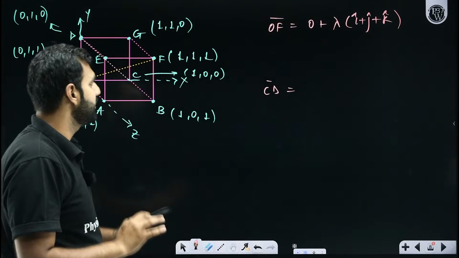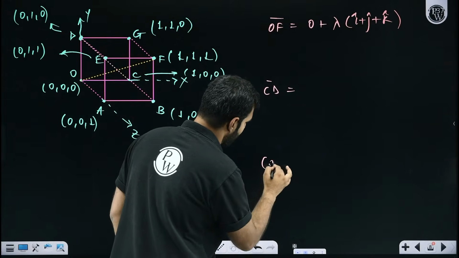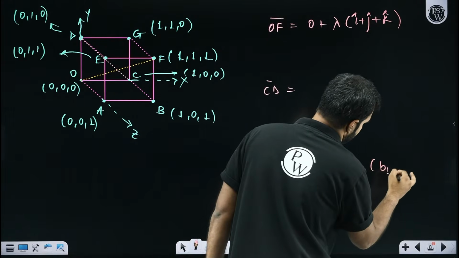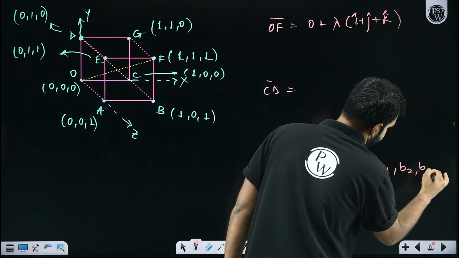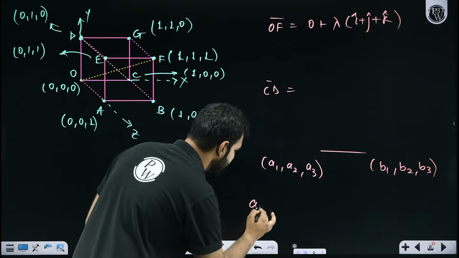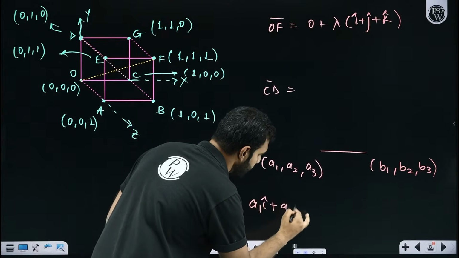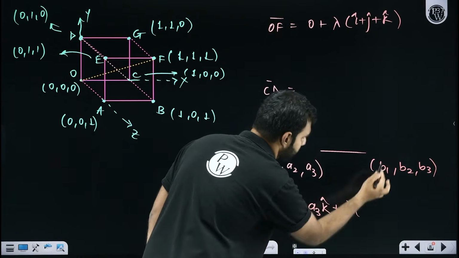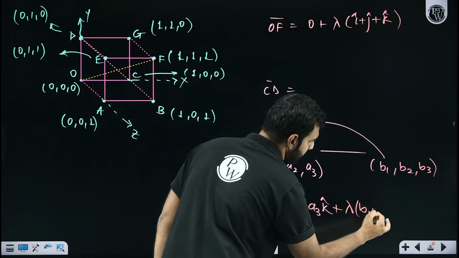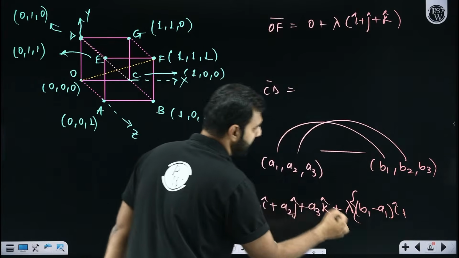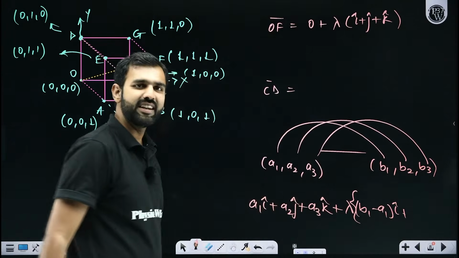All I'm saying is, how do you write the equation? Let's say one of the points is A1, A2, A3 and the other is B1, B2, B3, and I need to write this equation. How do I write it? I write it as A1 i cap plus A2 j cap plus A3 k cap plus lambda times (B1 minus A1) i cap plus (B2 minus A2) j cap plus (B3 minus A3) k cap.